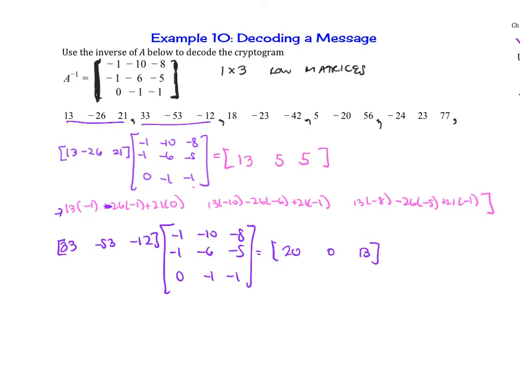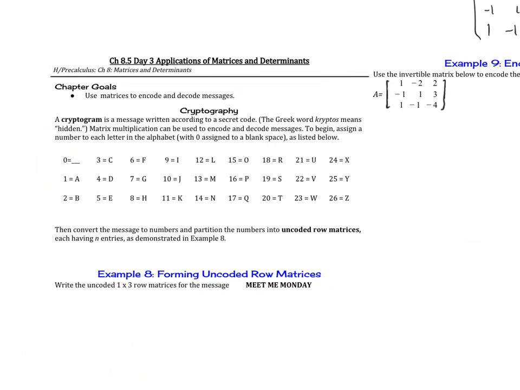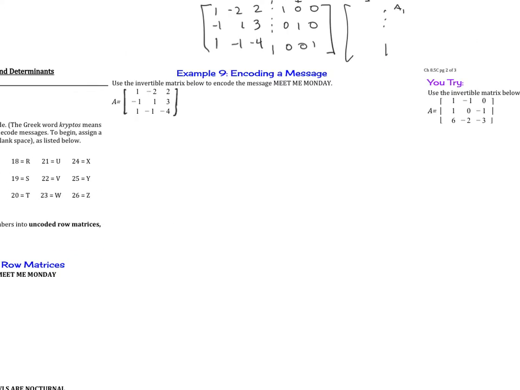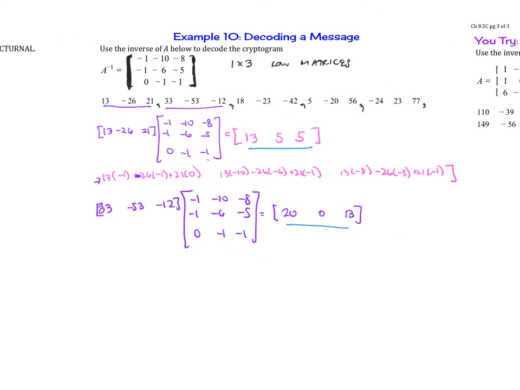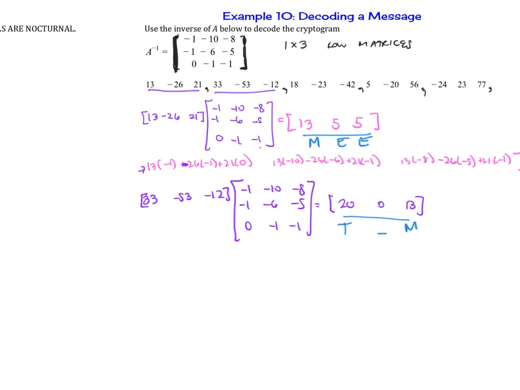Once you are all done, you look at these values, then go all the way back to the beginning, and use the letters that correspond. So 13 is M, 5 is E, E, and then 20 is T. This is a space, and this is another M, so it should look familiar. But anyways, it's practice on how to decode a message. So finish this out. See if you can finish this all the way.